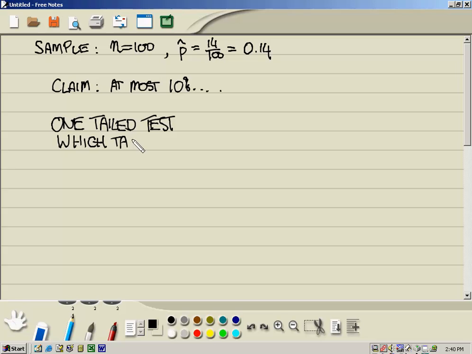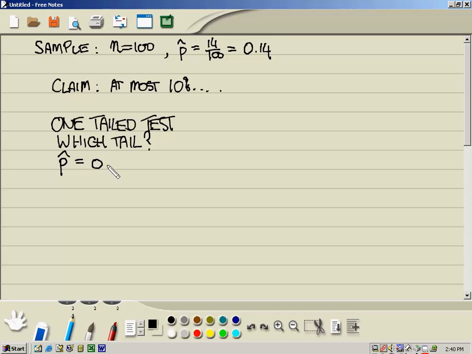So we can write down our hypotheses. To do that, we figure out if the sample value is going to be in the upper tail or the lower tail. And you can visualize it in your head, or you can use the similar process as we did with averages.